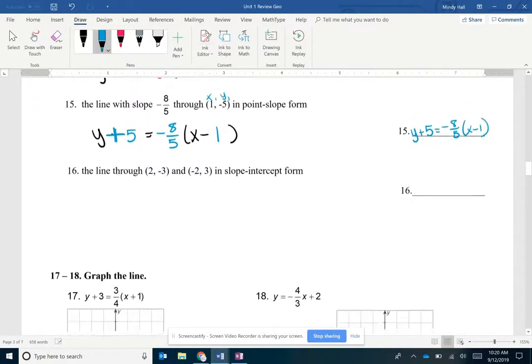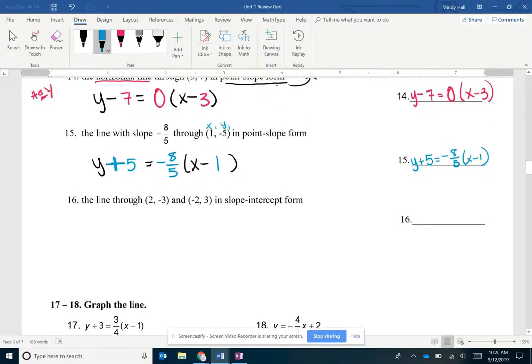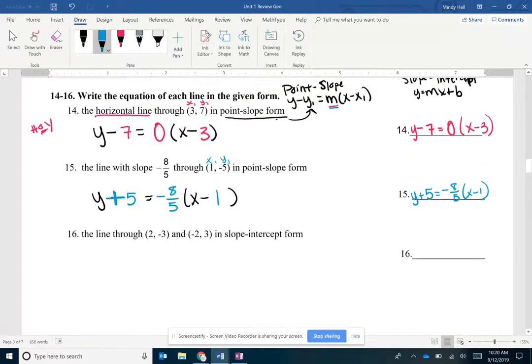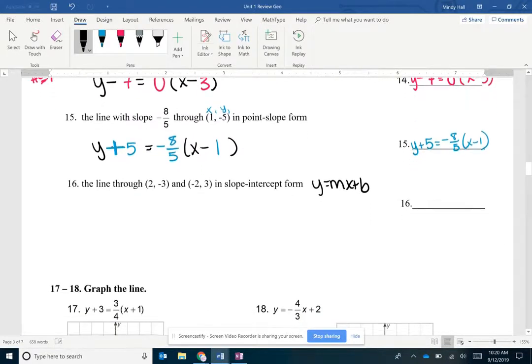Okay, so then last but not least, we want a line through the points 2, negative 3 and negative 2, 3 in slope-intercept form. Is y equals mx plus b. So with that being said, we need our slope and we need our y-intercept.